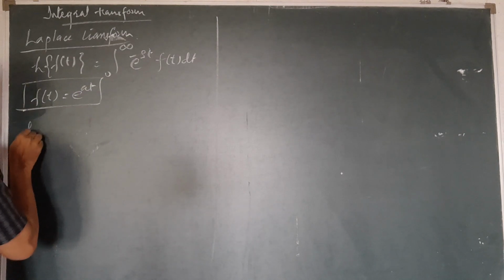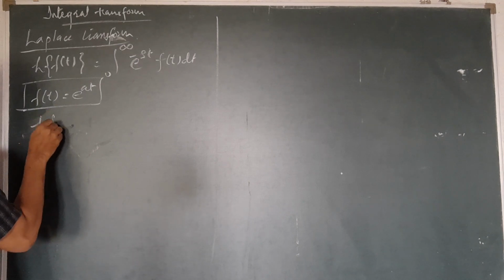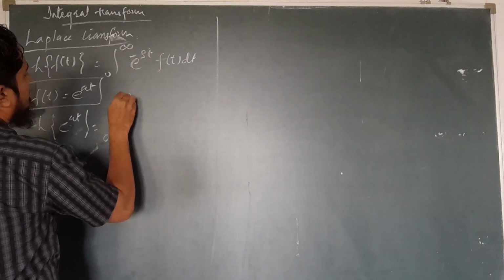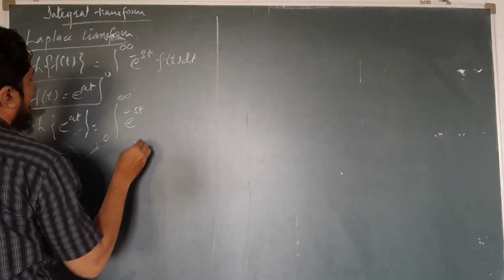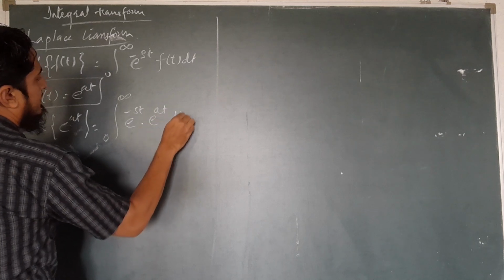So the Laplace transform of f(t), replacing f(t) by e raised to at, we will get the integration from 0 to infinity of e raised to minus st times e raised to at dt. Correct?